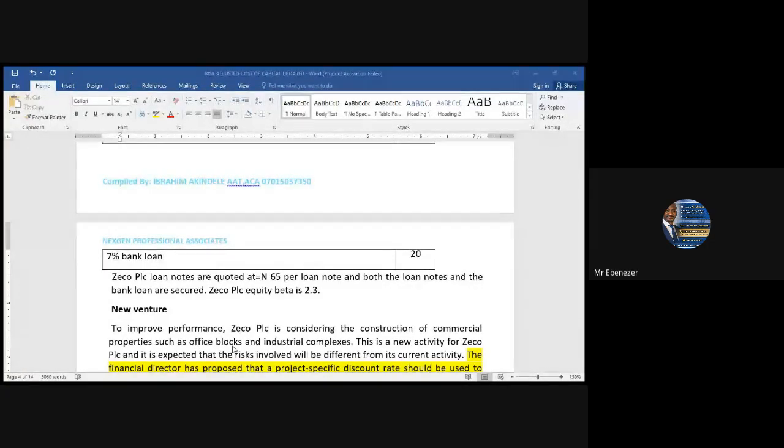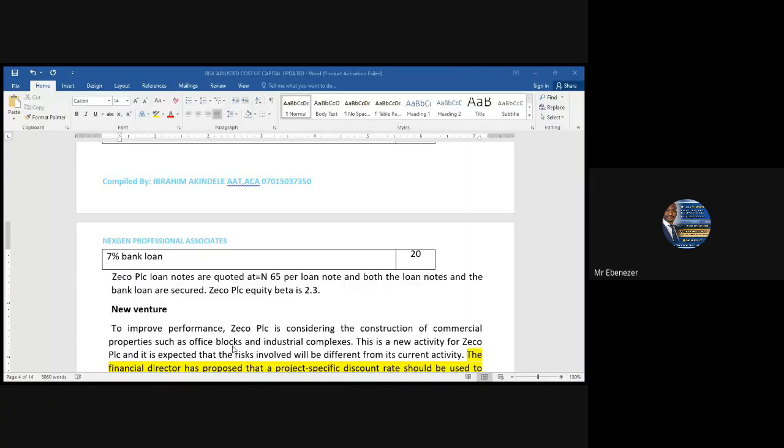When you have an equity beta that is greater than 1, what does that imply? It means that the company's stock has a very high risk.